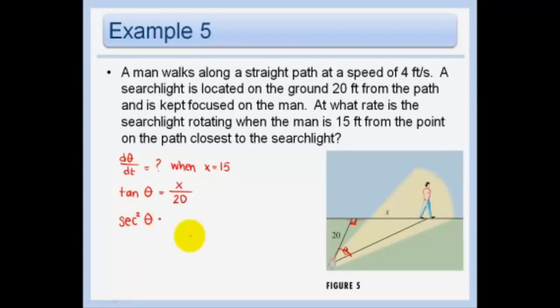However, our theta is moving over time, so we must even take the derivative of that with respect to time. When we take the derivative of this side, let's pull the 1/20th out. Isn't this the same thing as 1/20th x? So that when we take the derivative, we get 1/20th times dx/dt.